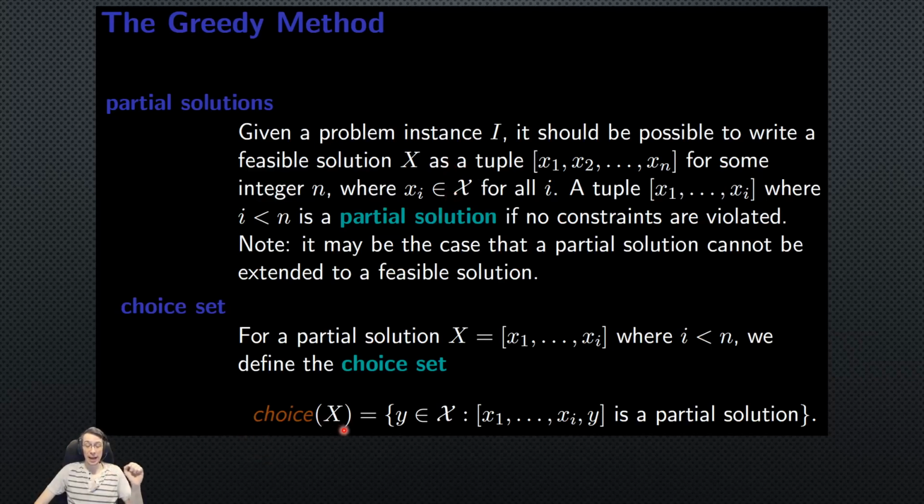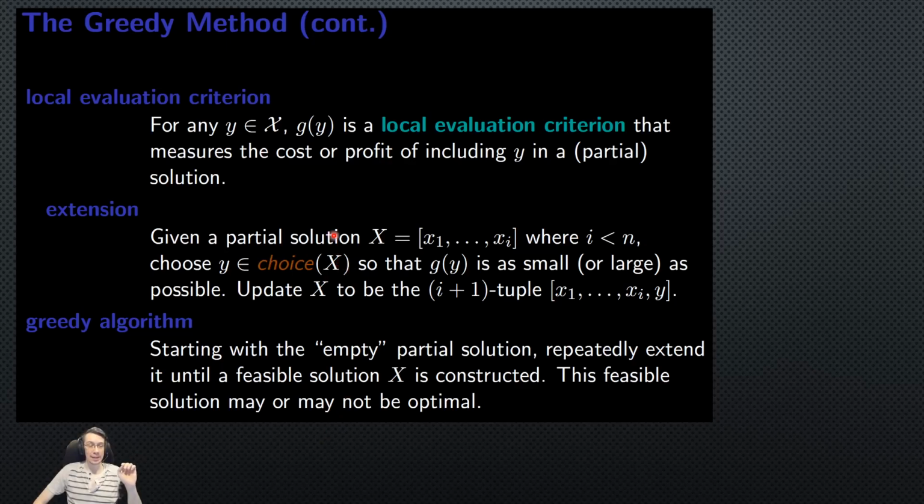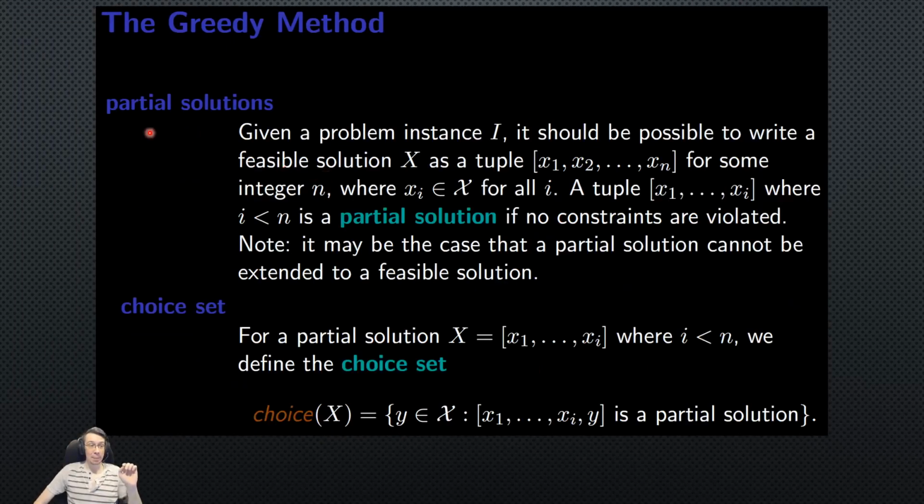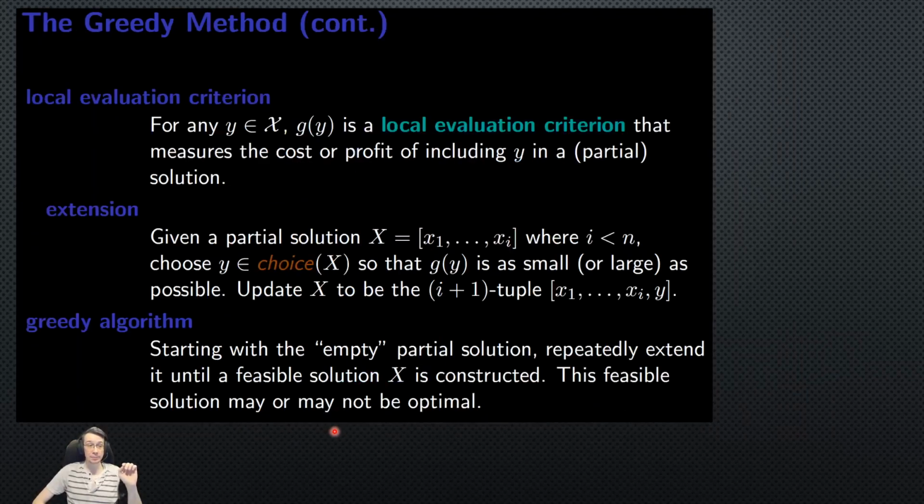And choice of x is just the choices I could make starting from my partial solution x that won't violate any constraints and will leave me with a new partial solution. And it could be that choice of x is empty. I might not be able to extend the current partial solution at all. Okay, so we've defined partial solutions and choice sets starting from a partial solution x.